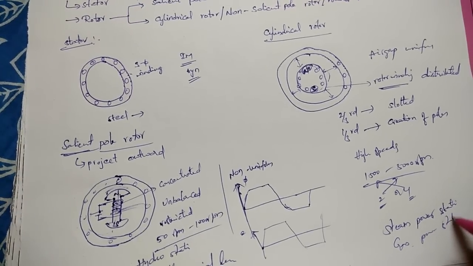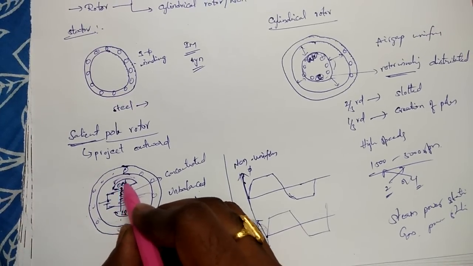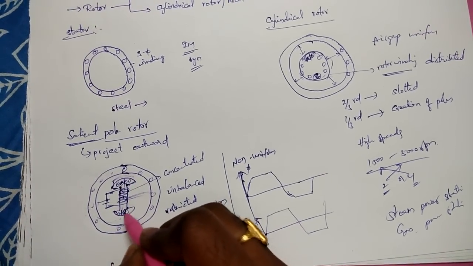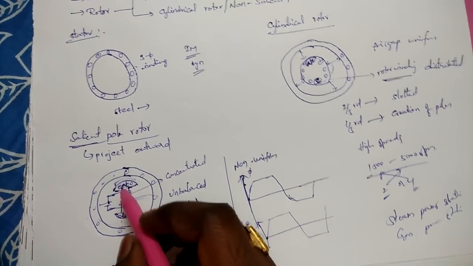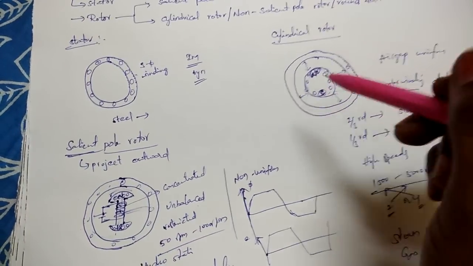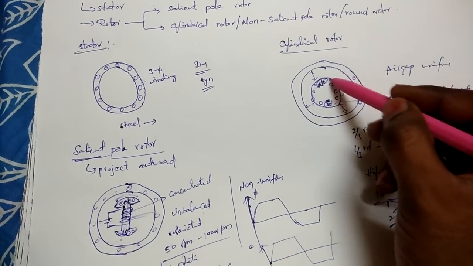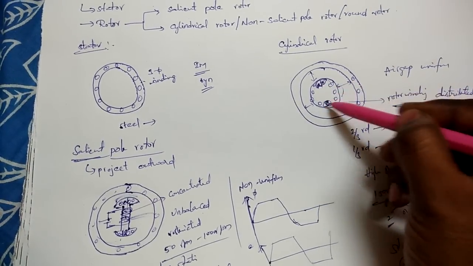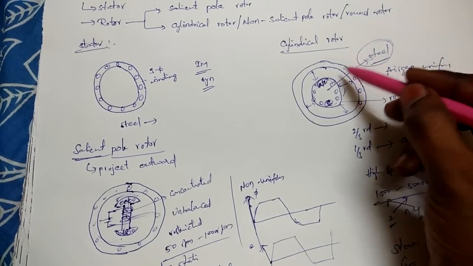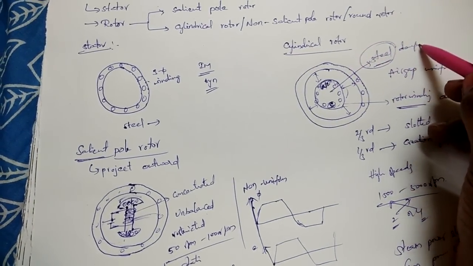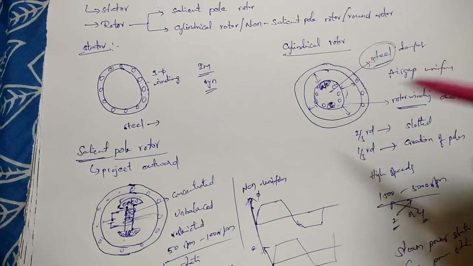In the salient pole rotor there is a damper winding placed in the pole shoes. But here no damper winding is required. This rotor is generally made of steel, so the steel itself acts as a damper, and no separate damper winding is needed.